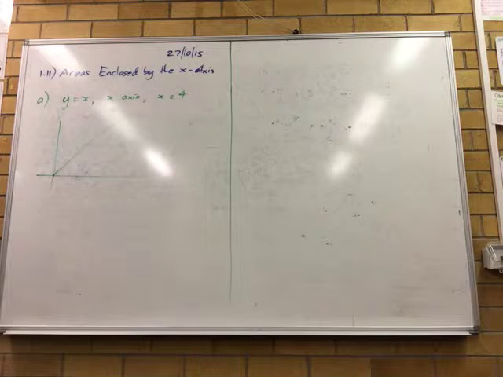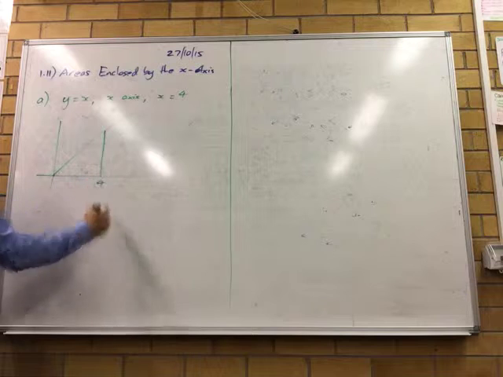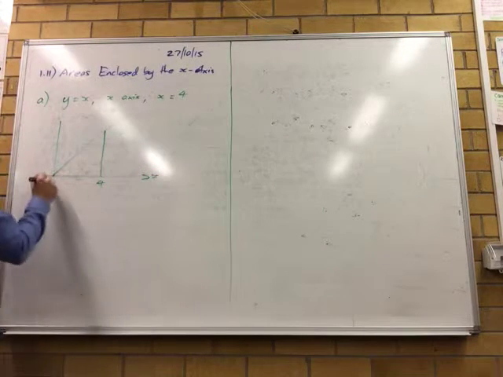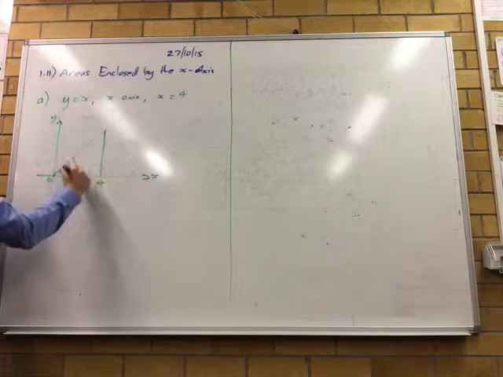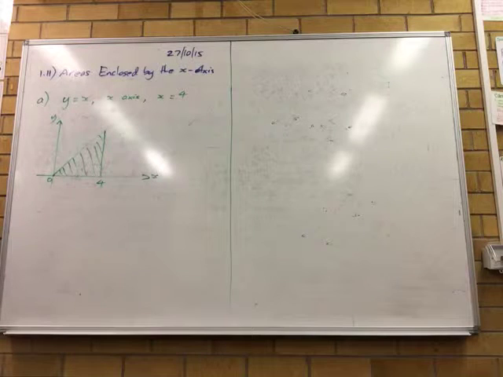Okay, so I don't need to do the whole curve, just up to the point that I need. Okay, so there's the line x equals 4, it cuts the x-axis at 4. So there's the x-axis here, there's of course the origin where the line goes through, and we are finding that shaded area, okay, which is a, what shape? Triangle.